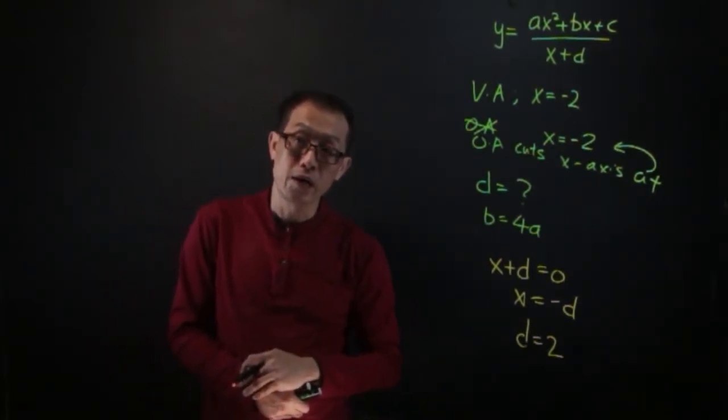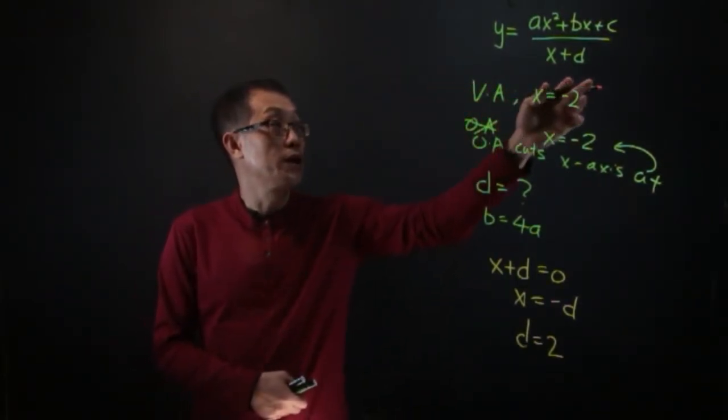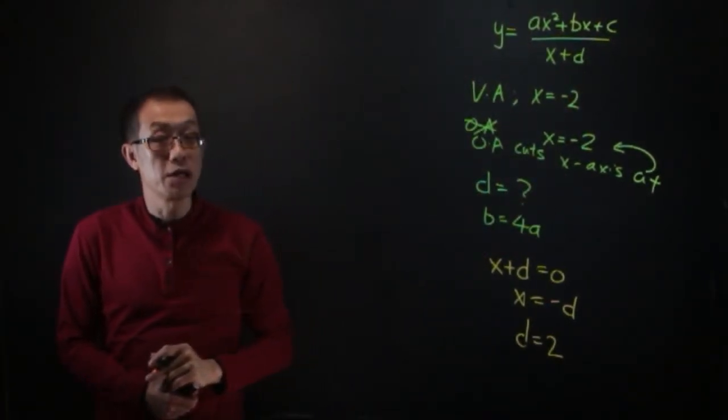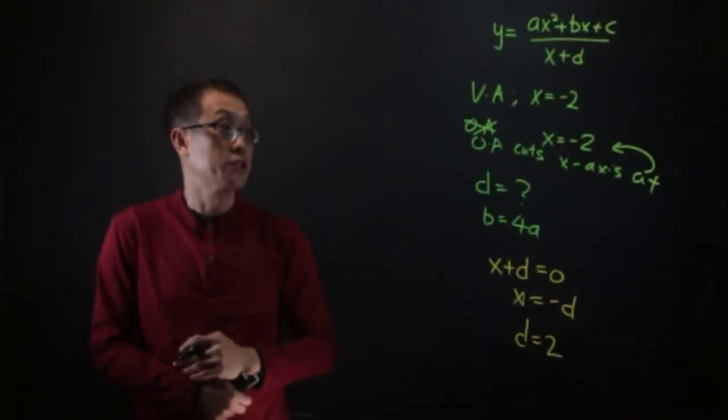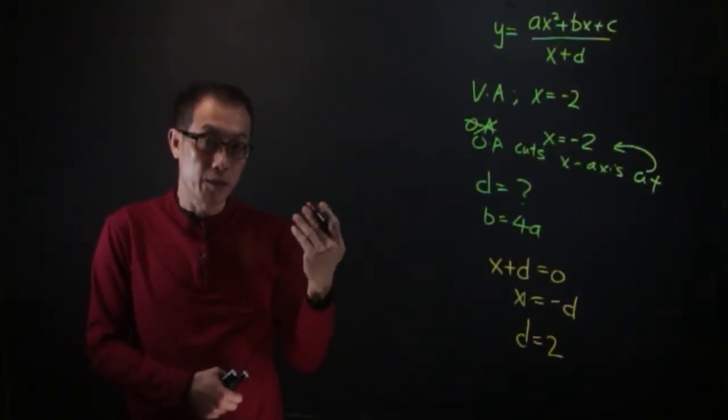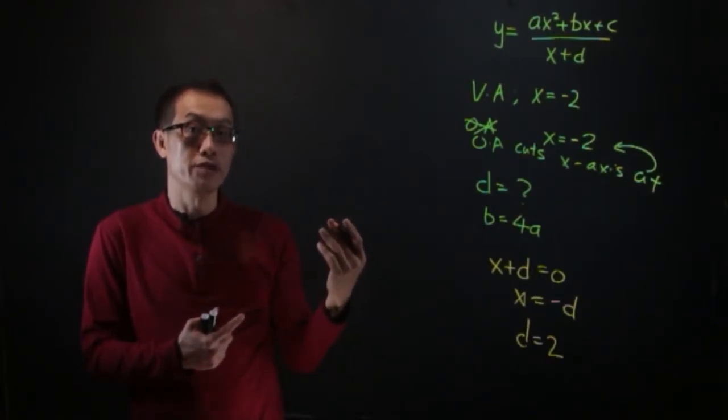How do we find the oblique asymptote? If you look at the expression on the right, it is an improper fraction. To find the oblique asymptote, you need to do a long division.